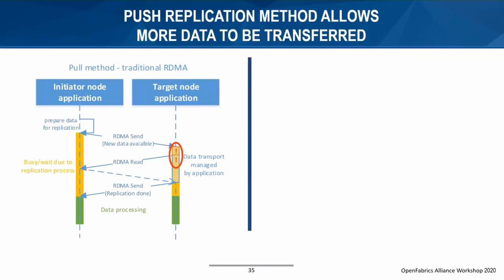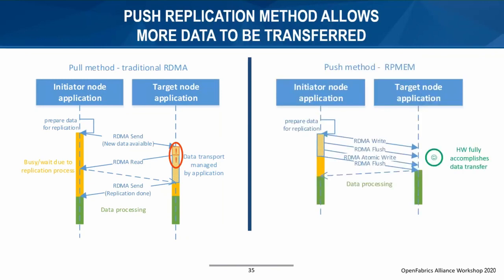We have the so-called pull method, based on traditional RDMA verbs, when there is software running on the target node, the node where the data are stored, which is asked to obtain data from the initiator node, and it sends confirmation when the data are locally stored in the storage. And there is a second, we call it the push method, when the initiator node is the only one that is responsible for the whole replication process.